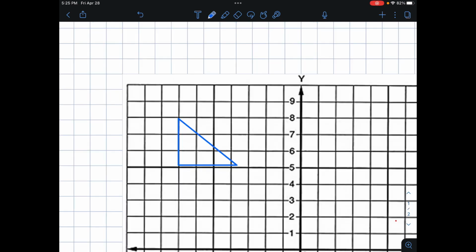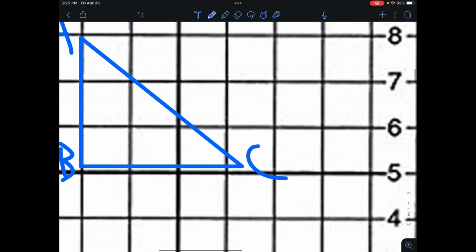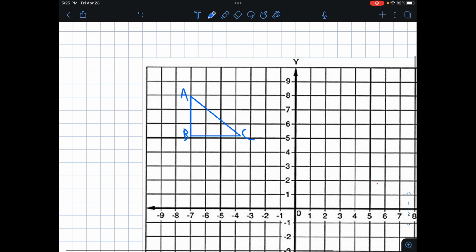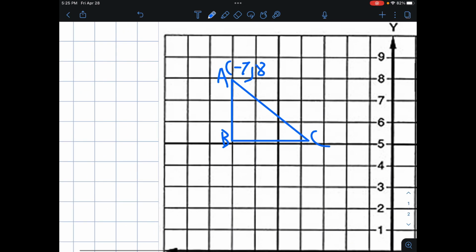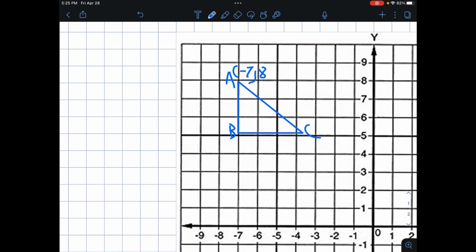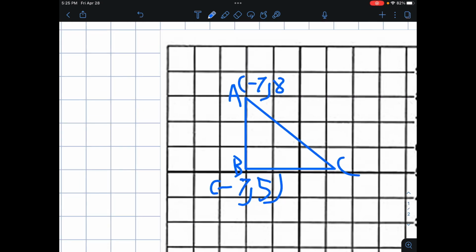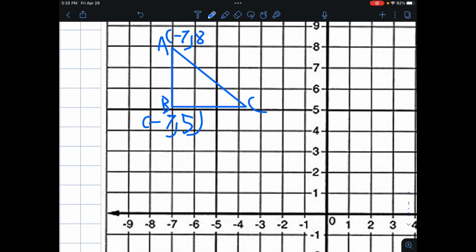So here are points A, B, C, whatever, right? And A is going to be -7, 8. B is going to be -7, 5. And lastly, C is going to be, almost sneezed, -4, 5.